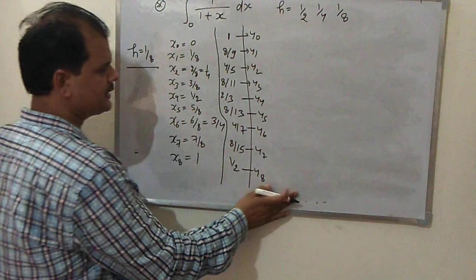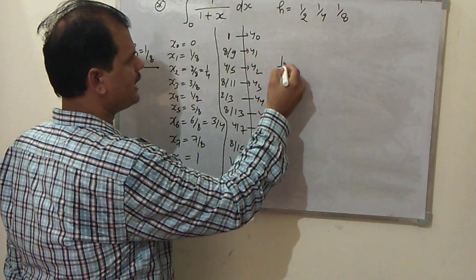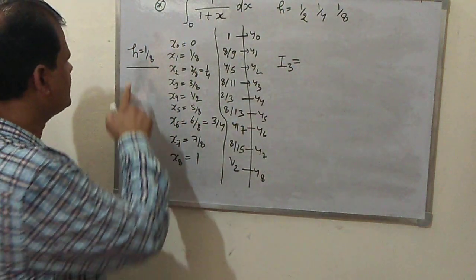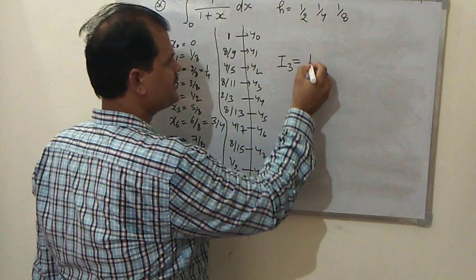Now using the trapezoidal rule, we can find I3 equal to h by 2. So h equal to 1 by 8, so 1 by 16.